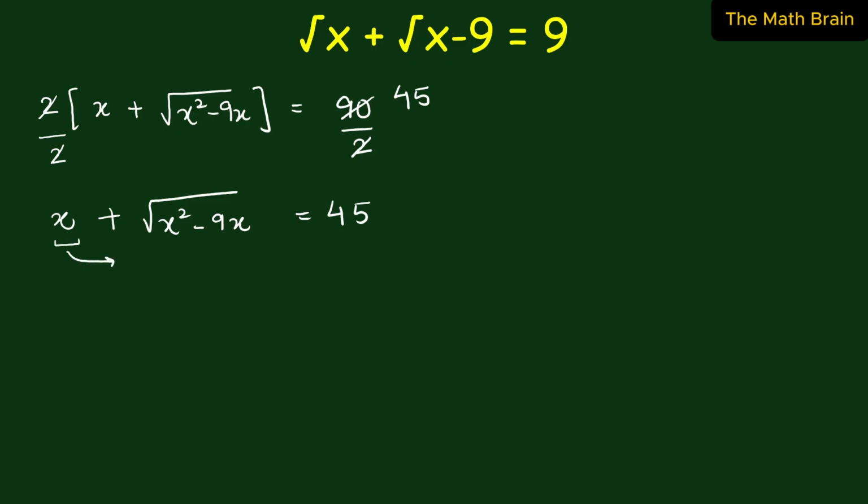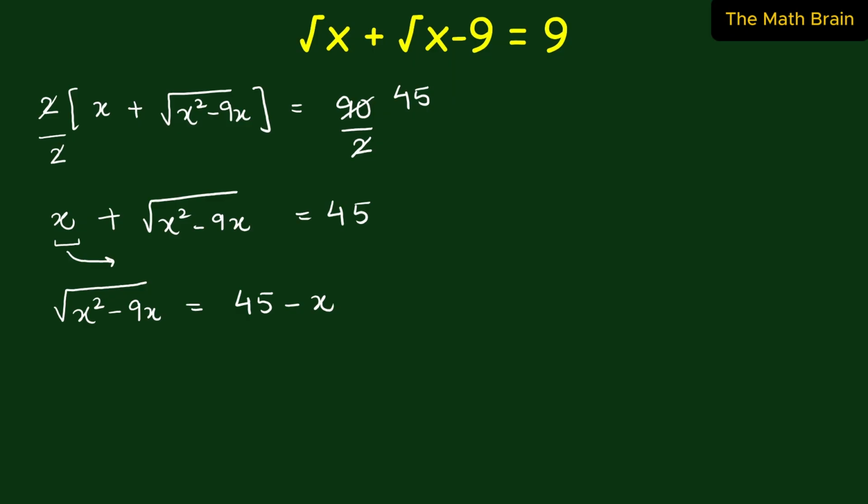Let's take this x to the right hand side and we are left with √(x² − 9x) on the left hand side and 45 − x on the right hand side.